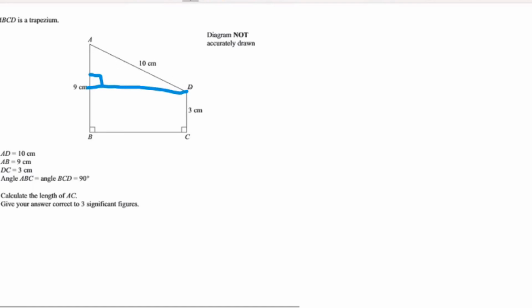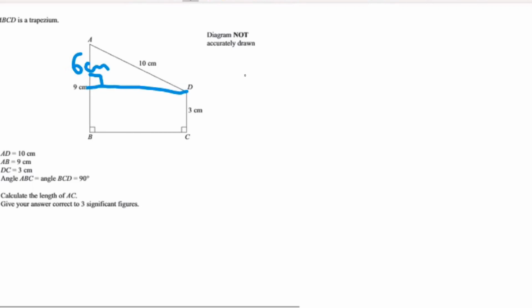Now we can see here that our C, the length opposite the right angle, is 10. But as for our height, our A, if this whole length AB is 9, and this here is 3, that leaves this here just being 6 centimeters.